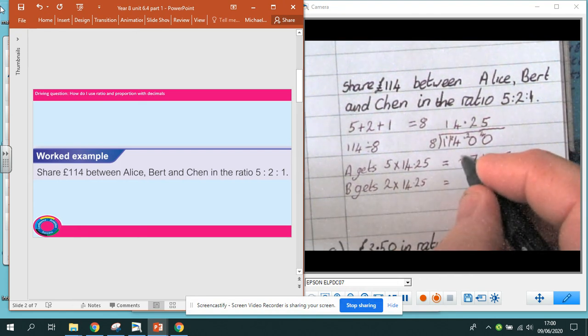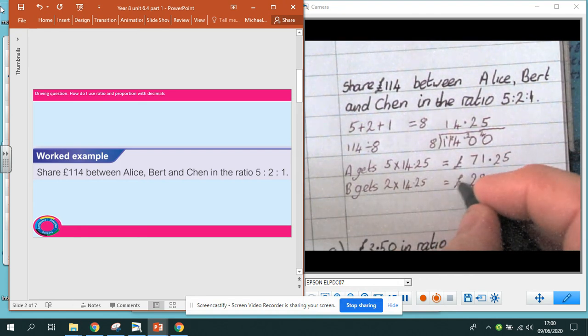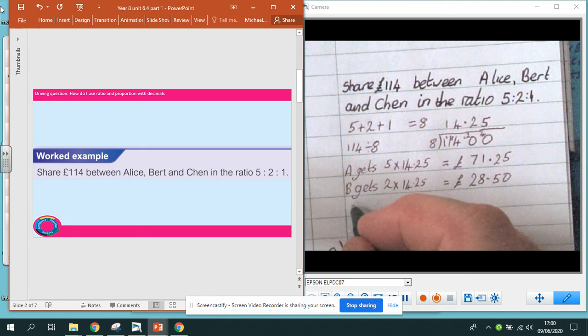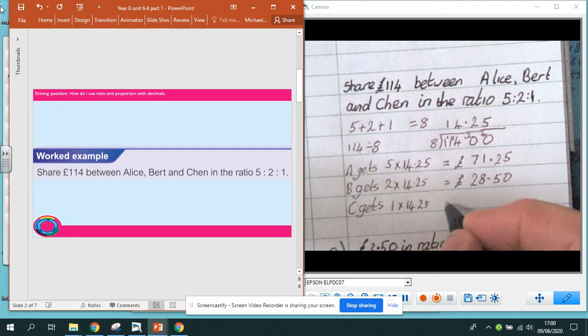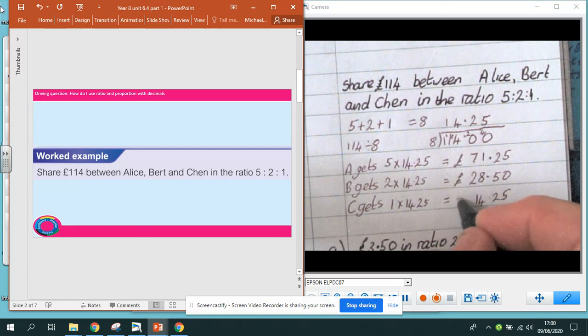And finally, and lastly, C gets 1 times £14.25, which equals £14.25. And that's my 3 amounts.